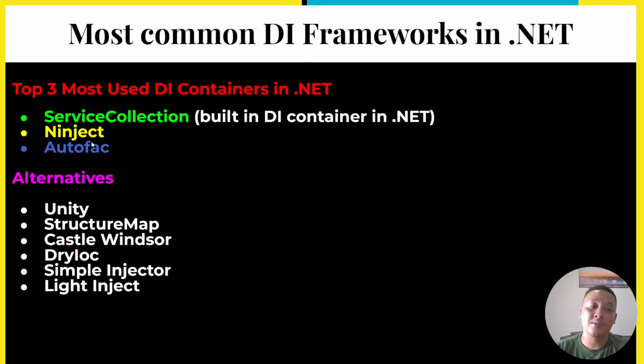Some other alternatives are Unity, LightInject, SimpleInject, Castle Windsor, StructureMap. There's a bunch of others out there, but these are the three most commonly used DI containers, because of the support and availability. There's a very large community around these three, so I would suggest using one of those. We'll really be covering the service collection one because it's the easiest.